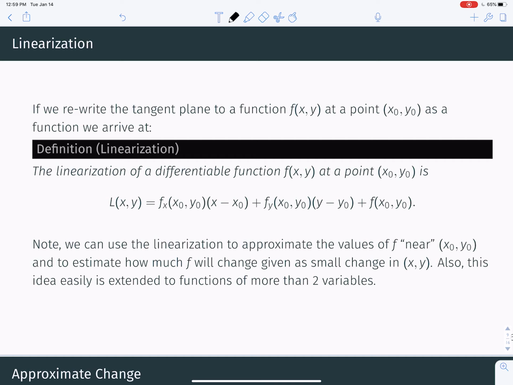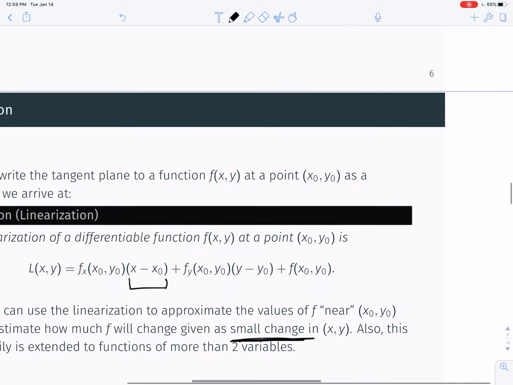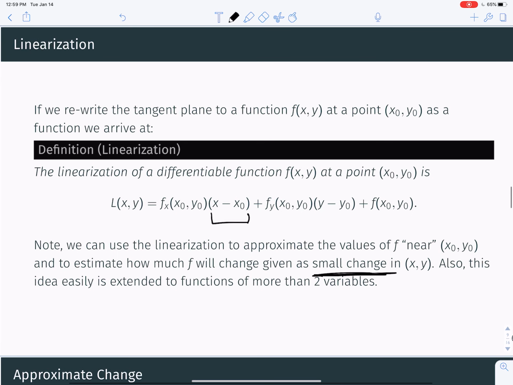One upgrade we can do to this is to think of it in terms of the change. Okay? So if we change x by a little bit and we change y by a little bit from where we were, how much does that change your function value, right?